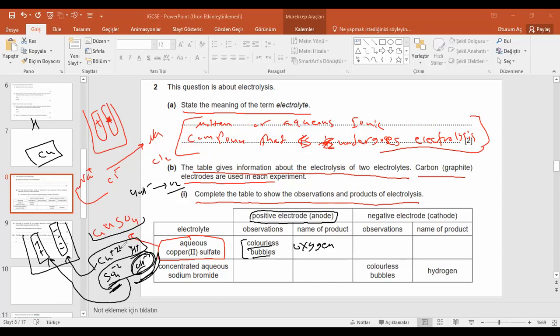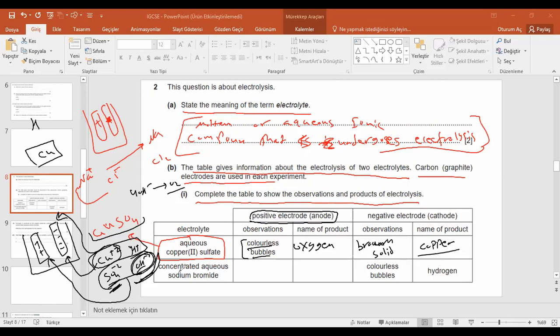That's why the copper ions will go to the cathode. So what will be observed here? You will observe a brown solid. And the name of the product is copper, guys, copper.